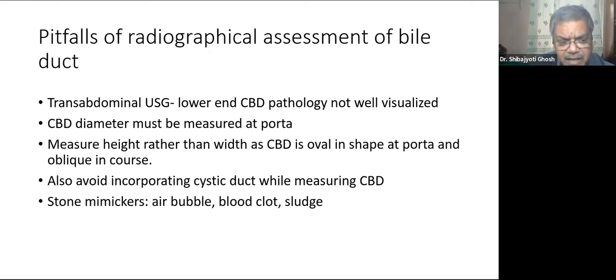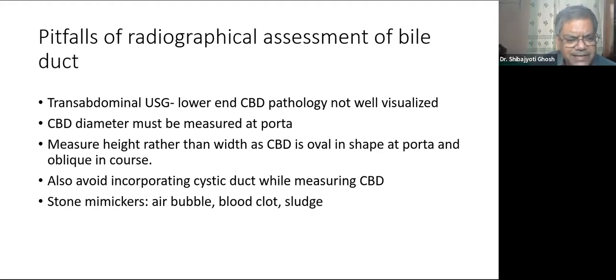And remember that again in the porta, the common hepatic duct is slightly oblique. So at that level, the height should be measured rather than the width of the common bile duct. So that should be the standard practice while reporting the diameter of the common bile duct in ultrasonography.